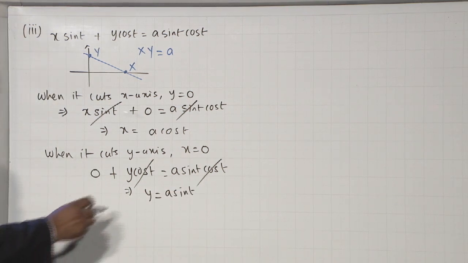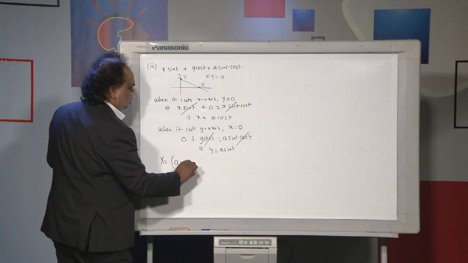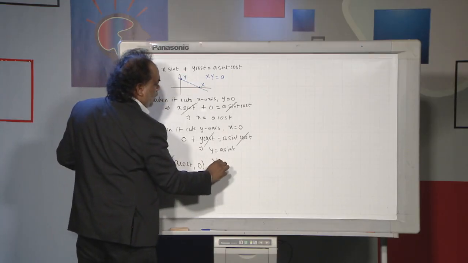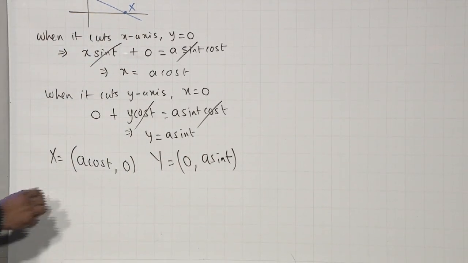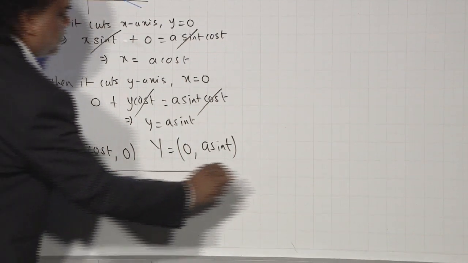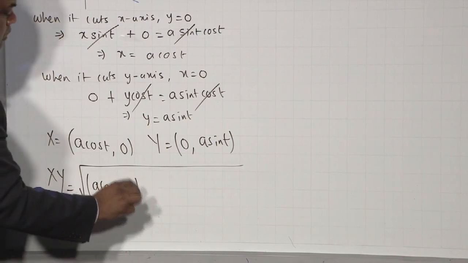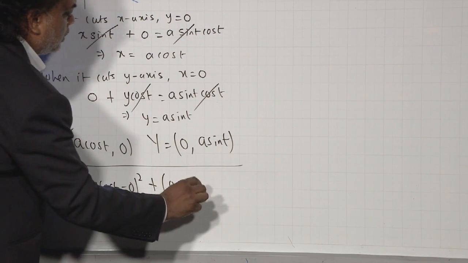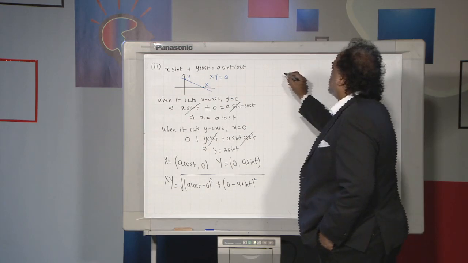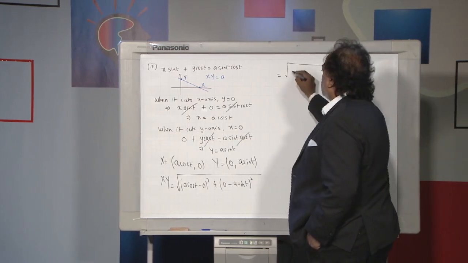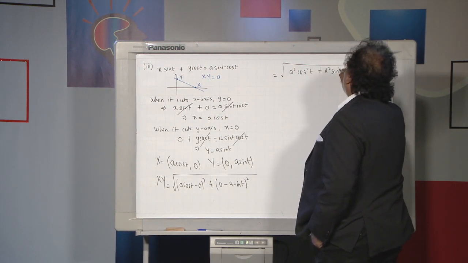What is the distance? So I have the point x, which is (a cos t, 0), and the point y, which is (0, a sine t). What is the distance xy? It is the square root of (a cos t minus 0) squared plus (0 minus a sine t) squared, which gives us a squared cos squared t plus a squared sine squared t.